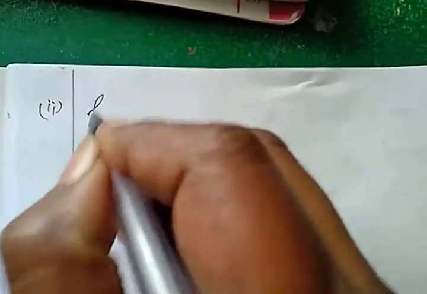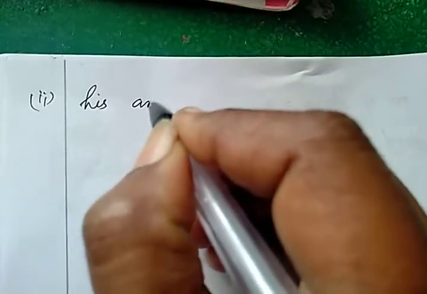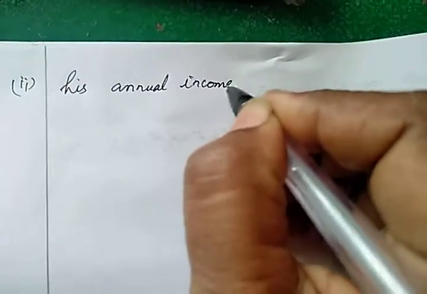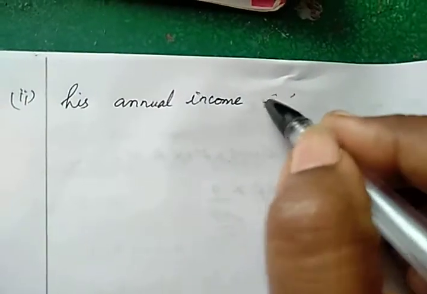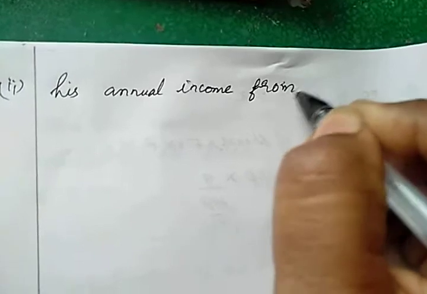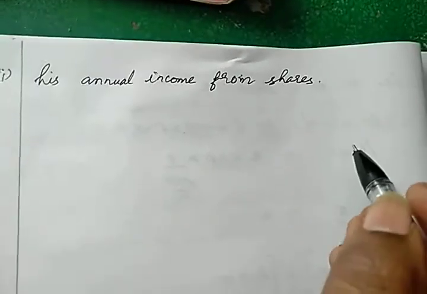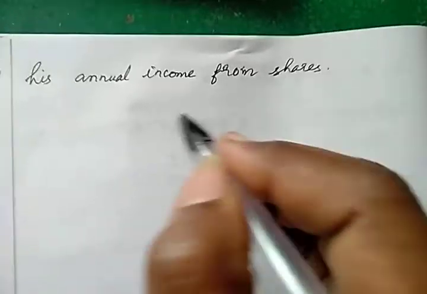His annual income from shares. Accordingly, how many shares he has sold out, he will get that much money.